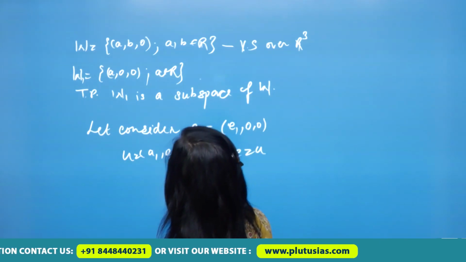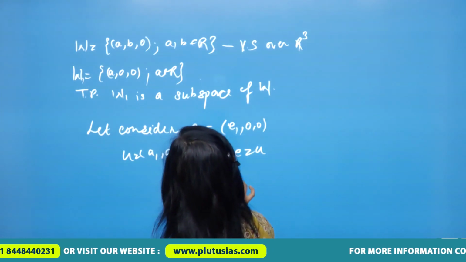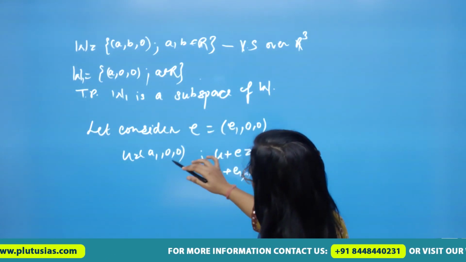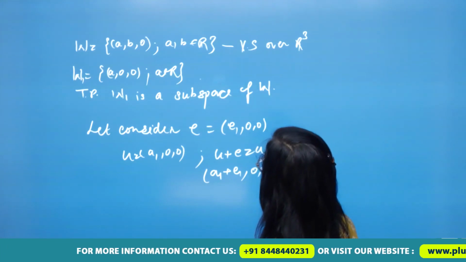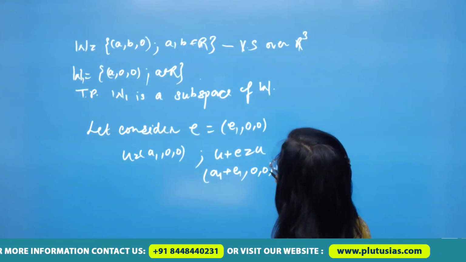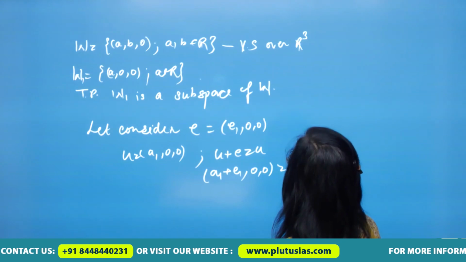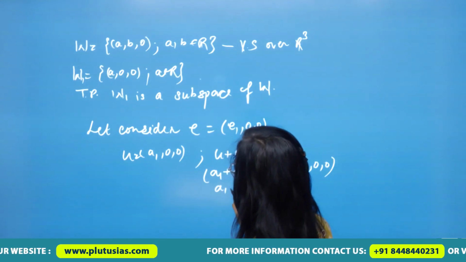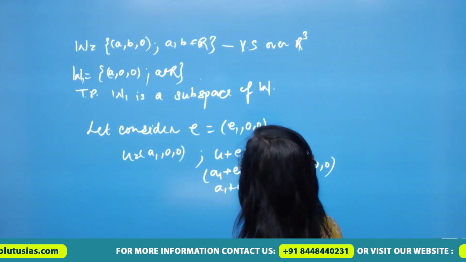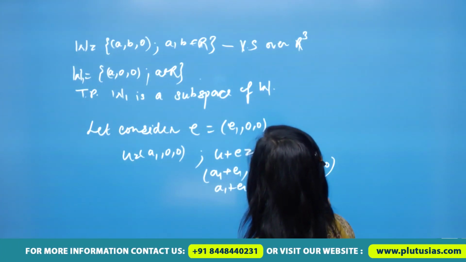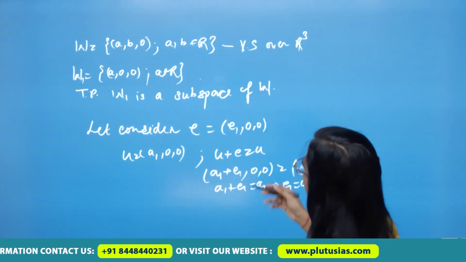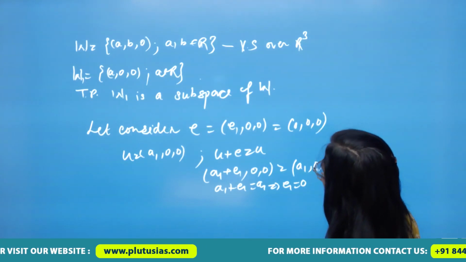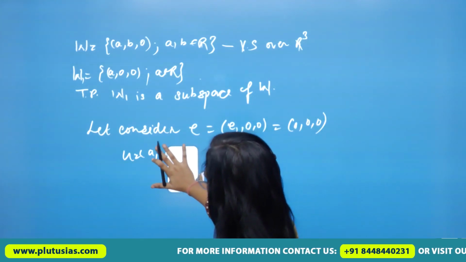That means u plus e is (a1 plus e1, 0 plus 0, 0 plus 0), and it should turn out to be u only, that is (a1, 0, 0). By comparing both sides, we get a1 plus e1 is equal to a1. That means e1 is equal to 0, and the other two elements are already 0, so we get the identity (0, 0, 0). We got this, but we need to prove that this belongs to W.